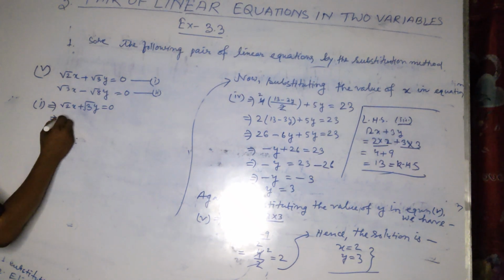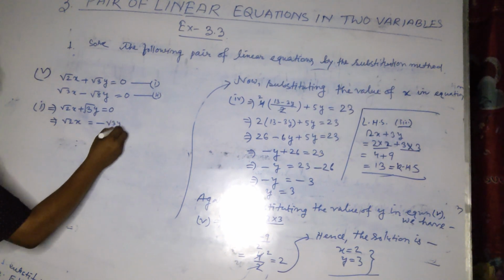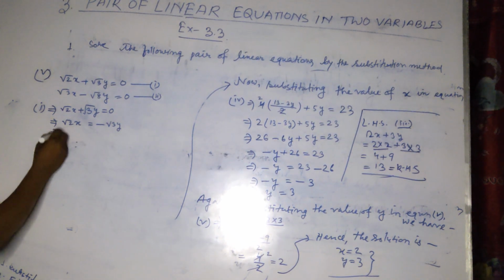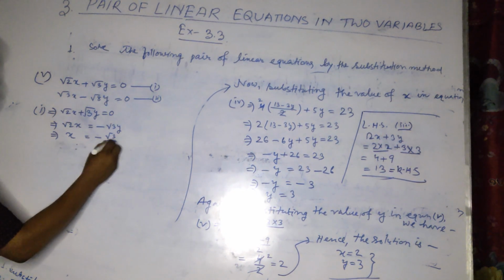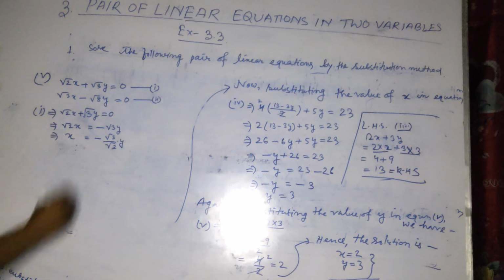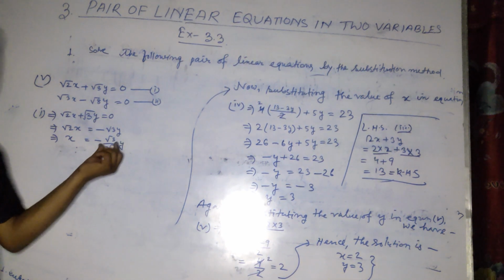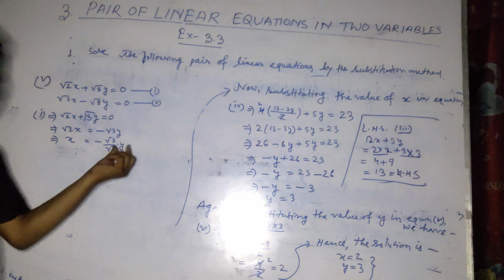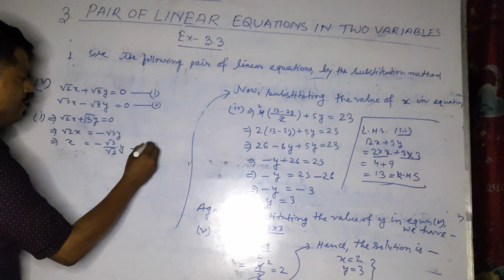See, root 2x is equal to minus root 3y. Now x is equal to what? Minus root 3 by root 2 into y. So put it as equation number 3.